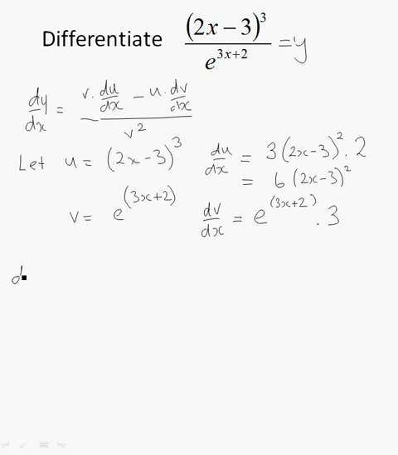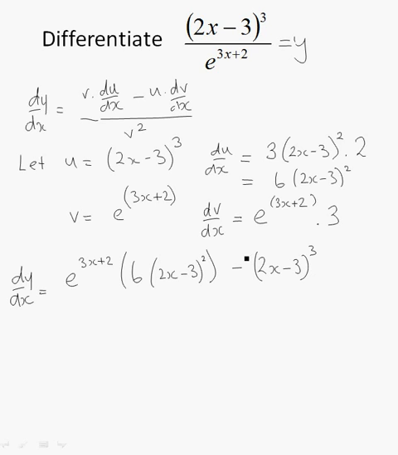So dy by dx is v, which is e to the 3x plus 2, times du by dx. So that means it's times 6 times (2x minus 3) squared, minus u, which is (2x minus 3) cubed, and dv by dx, well, it's that expression there.